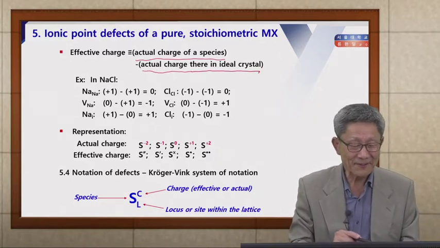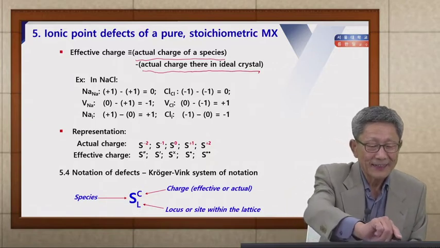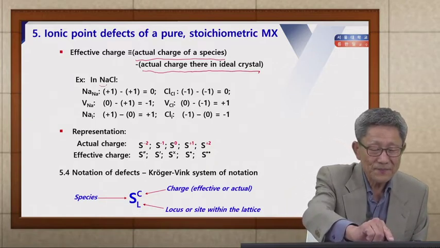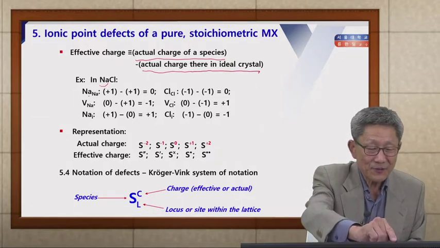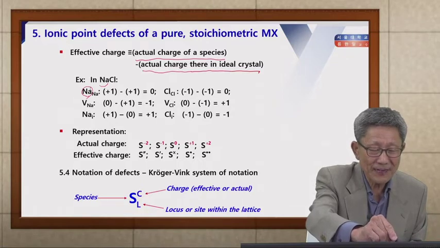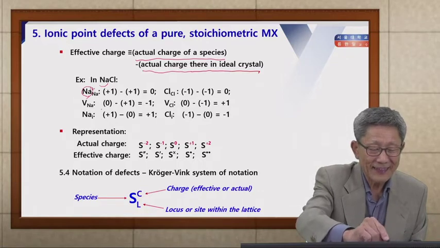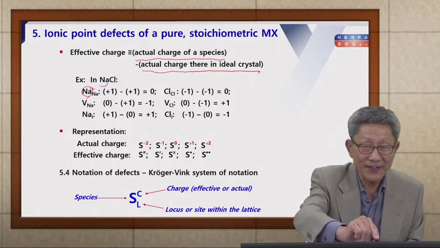Okay, let me take a few examples. This is a really straightforward example. Let's say a sodium ion sitting on a sodium site. Sodium has an actual charge of +1, right? And the site should also have +1 charge.